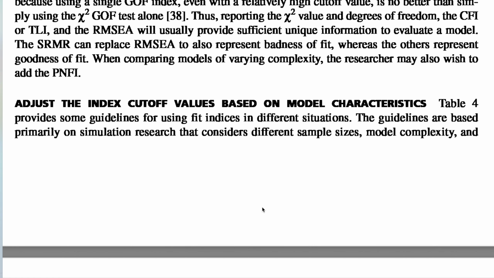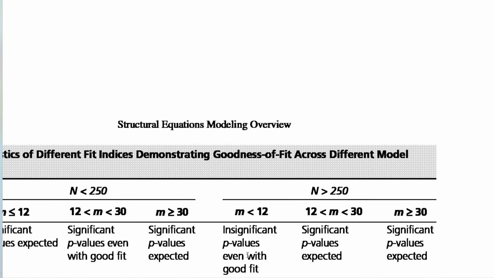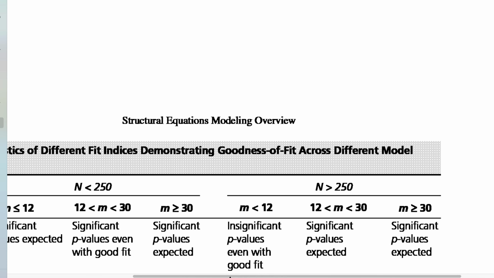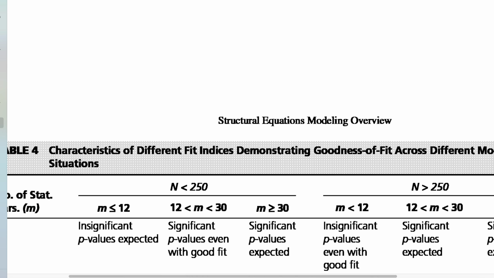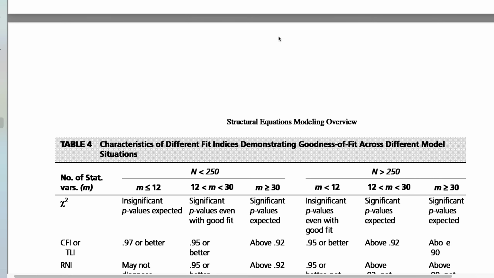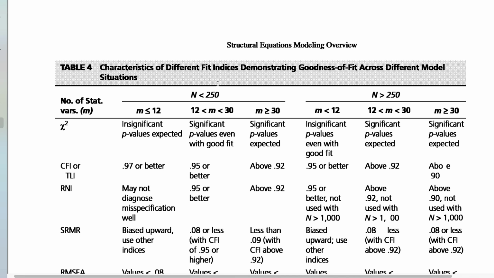Adjust the index cutoff values based on the model characteristics. Table 4 provides some guidelines for using fit indices in different situations. The guidelines are based primarily on simulation research that considered different sample sizes, model complexity, and so on. This is the table of characteristics of the different fit indices, demonstrating the goodness of fit across different model situations.